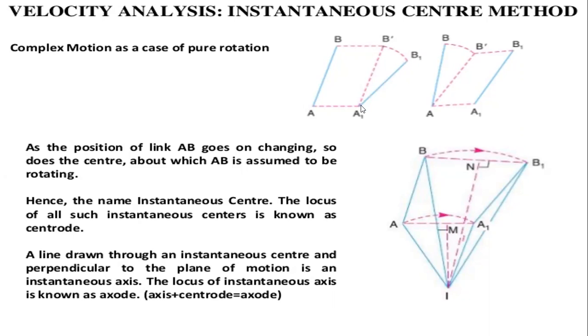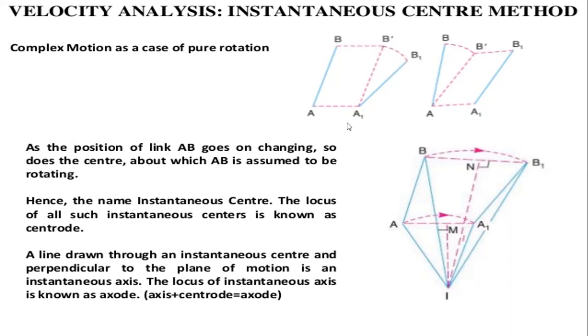It is rotated in the second motion, that is the B side, and it is fixed on the A side, that is, the A side motion is fixed. So it is moving on the point B, and it has a new point B1, about which AB is assumed to be rotating. Hence, it is called the instantaneous center in the A position.